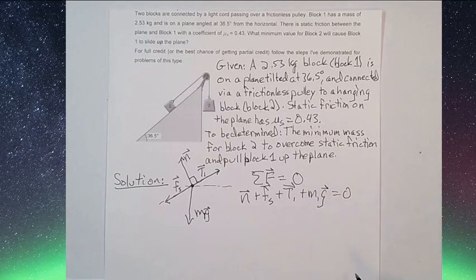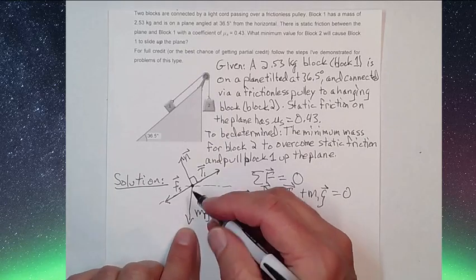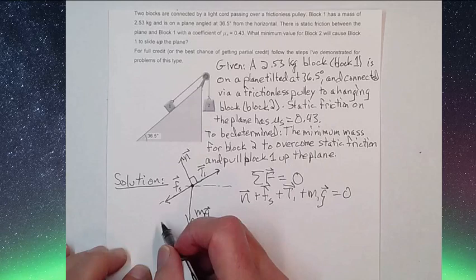Now, the next thing I always do is select a coordinate system and write these forces in I hat, J hat notation. And I've noticed people struggling with this, so I'm going to write it in a particular way this time so that it'll be easier for you to see how those work. But the first thing I want to do is select a coordinate system.